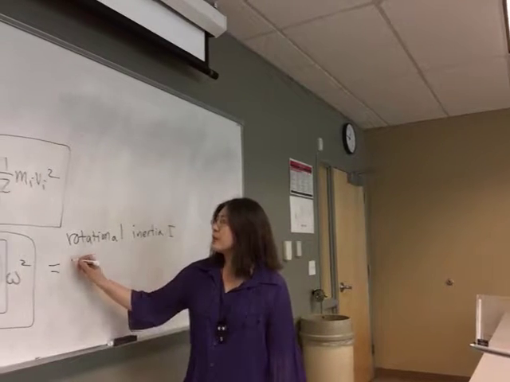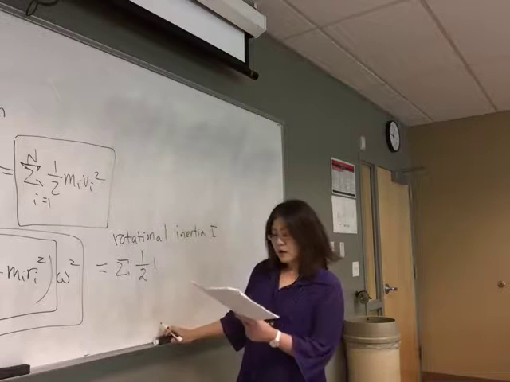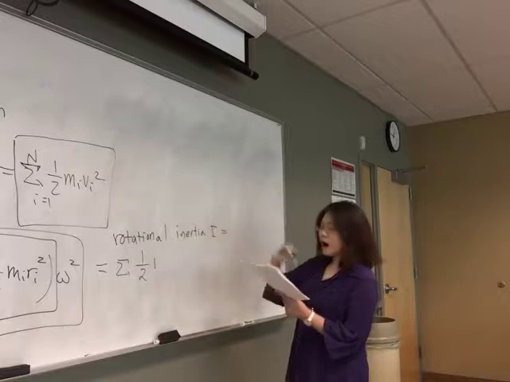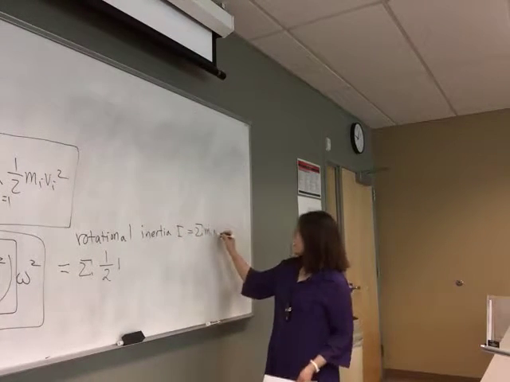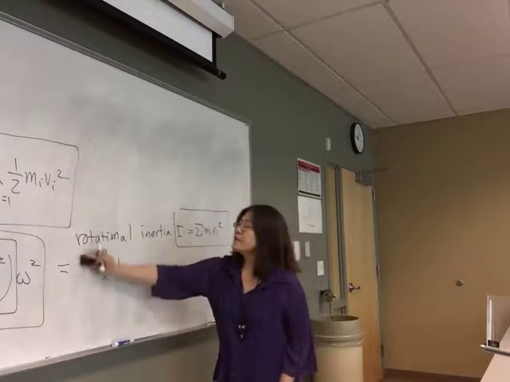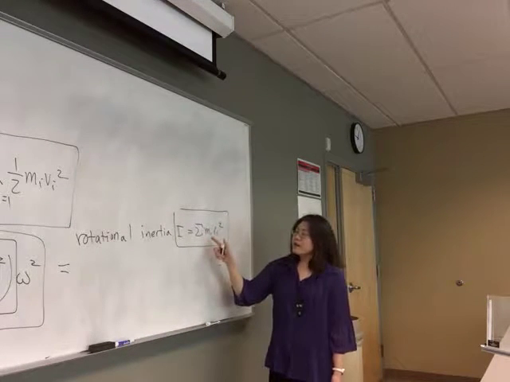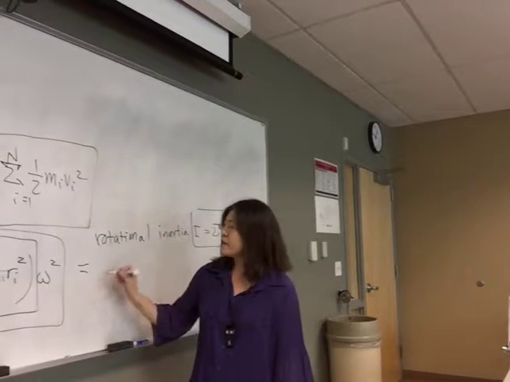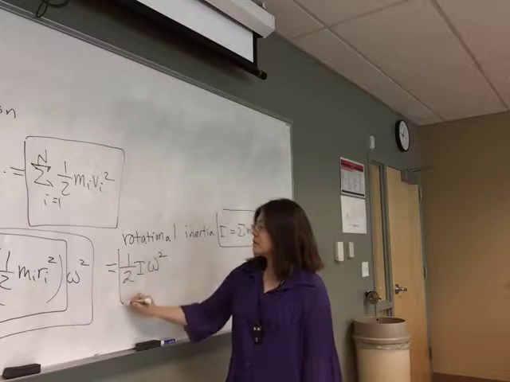So your I here is a summation of mass and then Ri squared. Okay, so in that case, we're going to replace this summation of mass times Ri squared with I. So what you have here is 1/2 I omega squared.